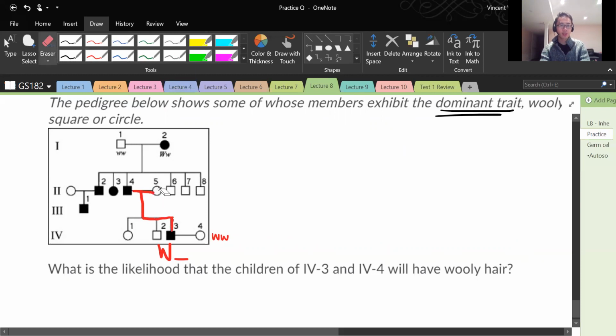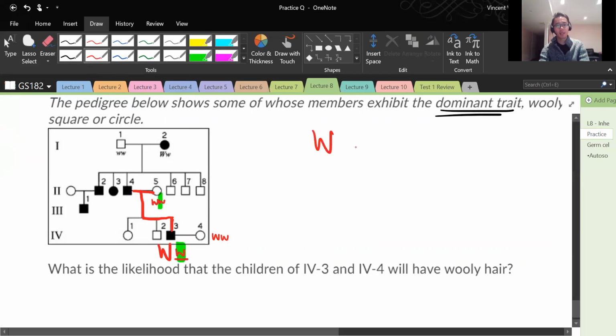So his parents, the mother is not shaded in. That means she does not have the trait, the woolly hair. So this one is small w, small w. So because of that, he is guaranteed to be heterozygous. This small w came from the mother.